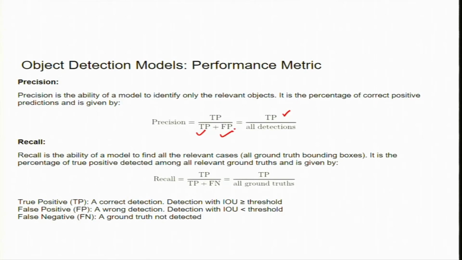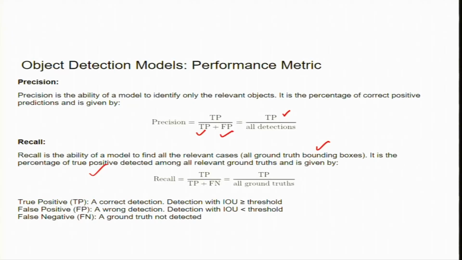Another measure for understanding the performance of the trained model is recall. Recall is the ability of a model to find all the relevant cases, that is all the ground truth bounding boxes. It is the percentage of true positives detected among all the relevant ground truths.